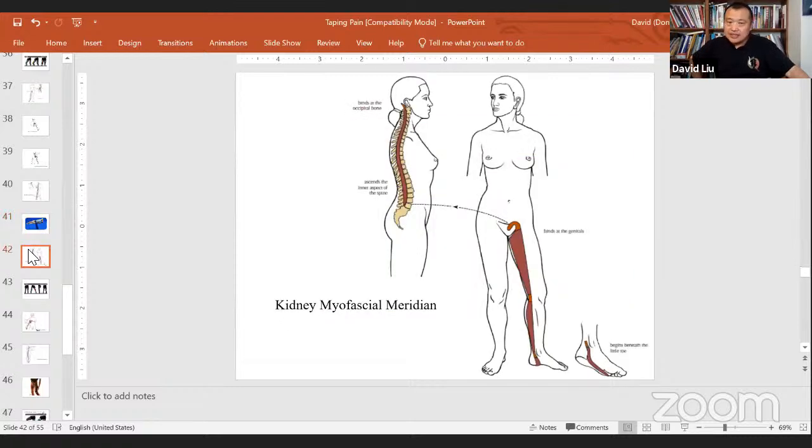This is the kidney meridian, on the posterior side of the inner leg, from the bottom of the feet. We talked earlier about plantar fasciitis, for example. We can use this tape.